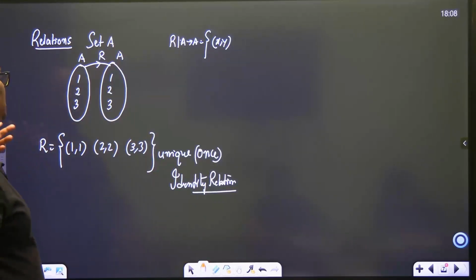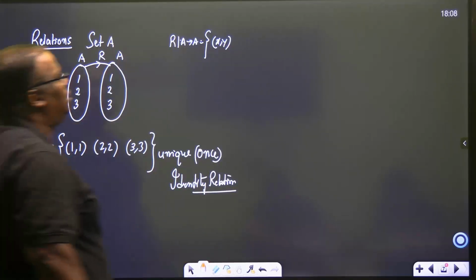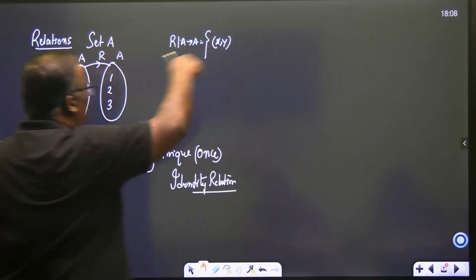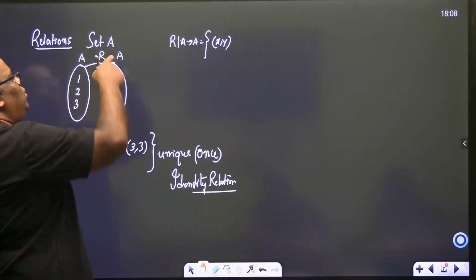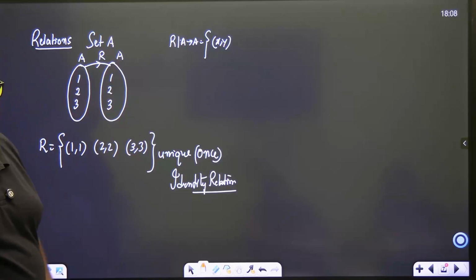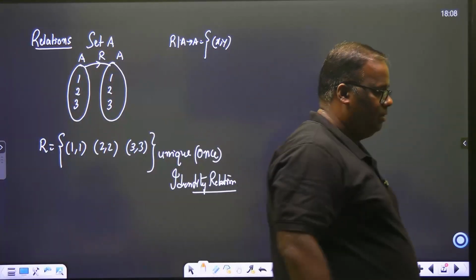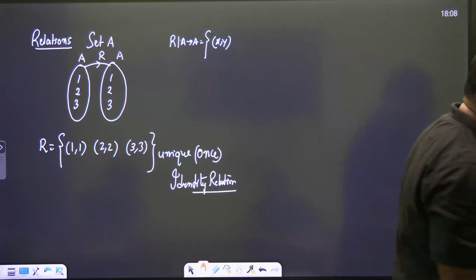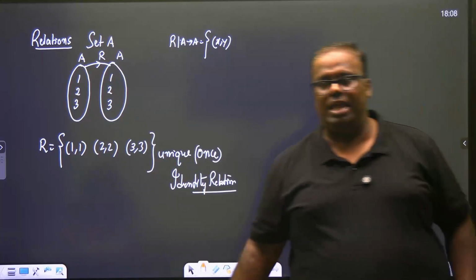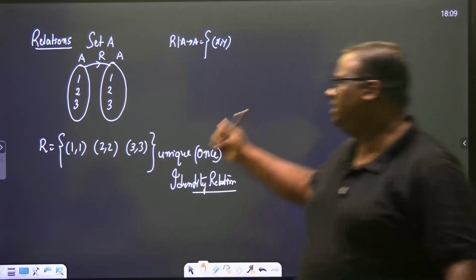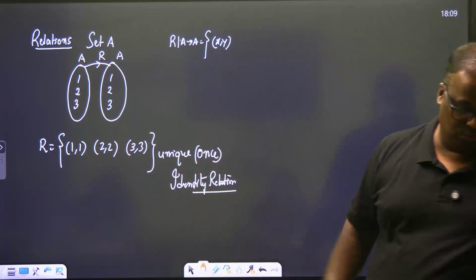So we say a relation is said to be an identity relation from A to A if it is (x, y) for every x belonging to A and every y belonging to A, where y also equals x, so it will be (x, x). It won't give you a different one. And this is an identity relation, just we need to know it for the namesake.